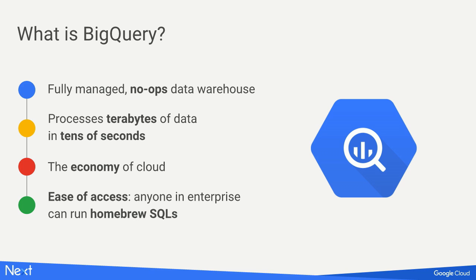So even if a single user runs a very slow SQL, or a SQL that requires so much server resource, other users will not be affected by the slow SQL. So that means you can allow any users in your enterprise to access BigQuery directly with their homebrew SQL or quick and dirty SQL that is stored on their notepad or spreadsheet.